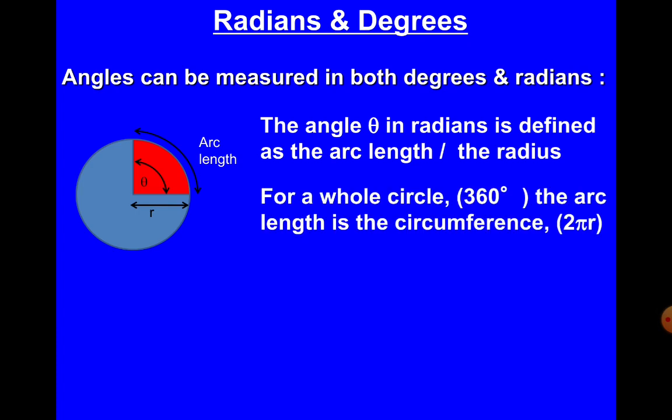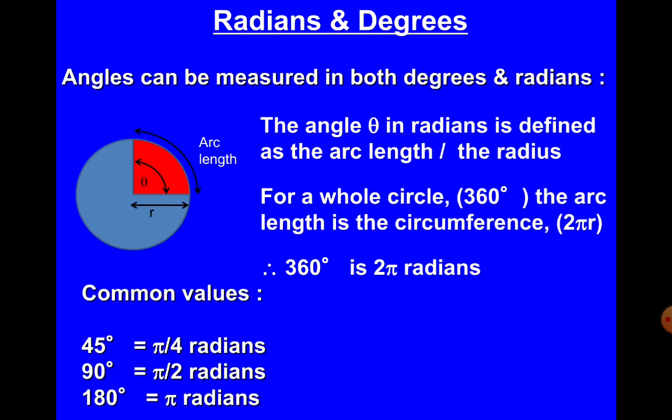For a whole circle, the arc length is the circumference, which is 2 pi r. 360 degrees is 2 pi radians, and we have other common values like 45 degrees is pi over 4 radians, 90 degrees is pi over 2 radians, 180 degrees is pi radians. So for one complete rotation we have 2 pi radians.